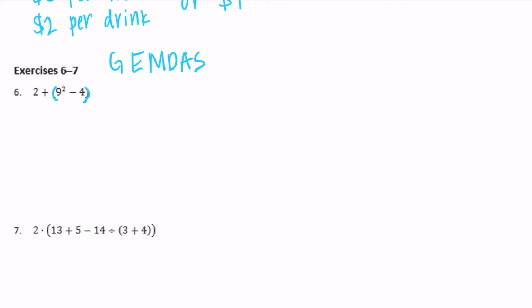Within there, we need to solve 9 squared first. So 9 squared is 9 times 9. So I'm going to simplify it to 2 plus the quantity 81 minus 4. And now I still need to solve the grouping. 81 minus 4 is 77. So 2 plus 77 is equal to 79.